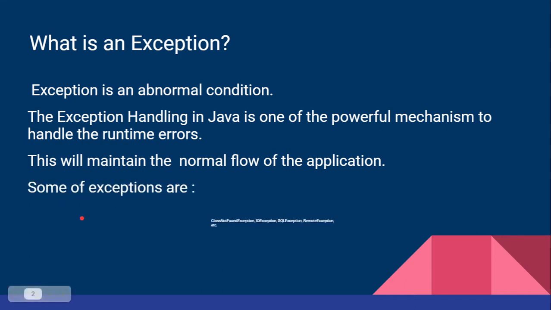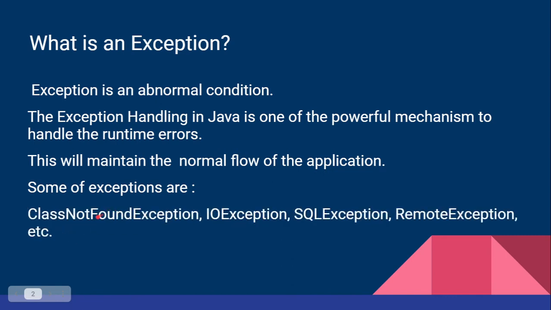Some of the exceptions are ClassNotFoundException, IOException, SQLException, and RemoteException. ClassNotFoundException is raised when the class name is not found. Sometimes an error in the IO, that is the input output, happens, and that is handled by IOException. With SQLException, there may be a possibility that some SQL commands are not executable in the system.